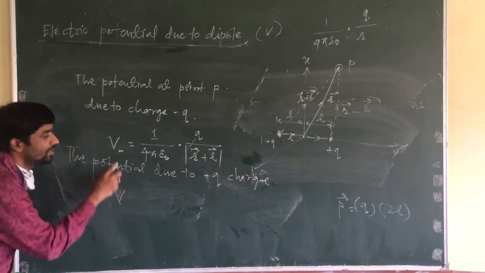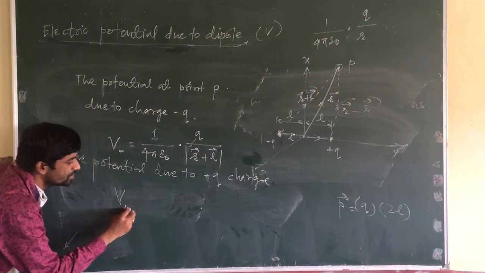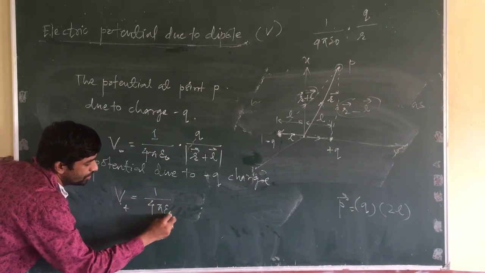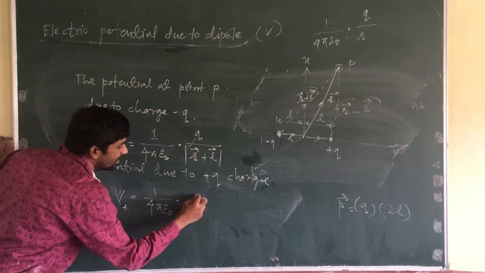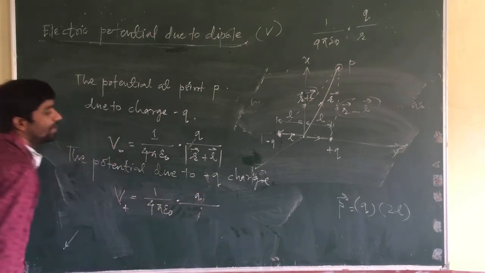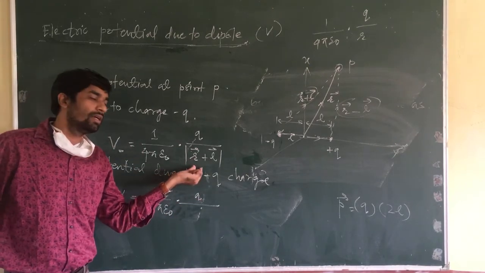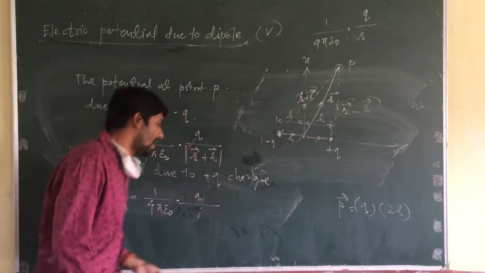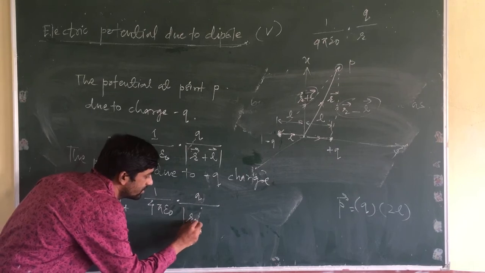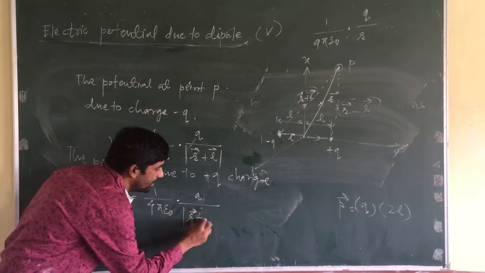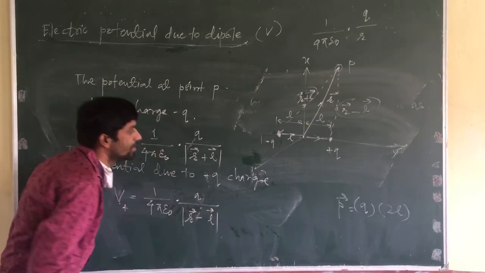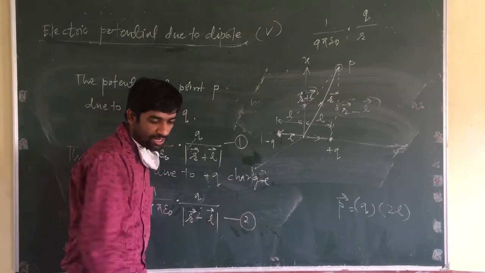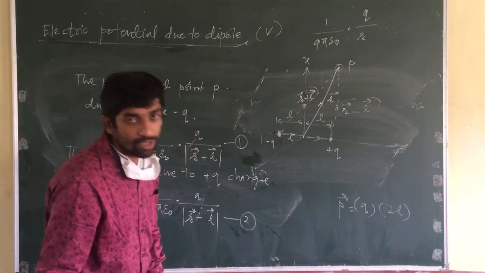Same, 1 upon 4 pi epsilon naught, the same q charge divided by r minus L. So this is the potential due to the positive charge and this is the potential due to the negative charge.